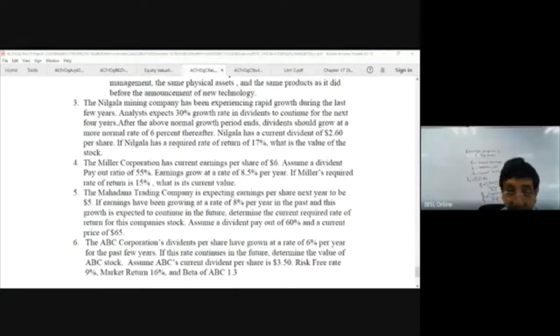You calculate the current value of the stock in question number 4, the supplementary problems. Problem number 4. Now all of you can attempt the question.